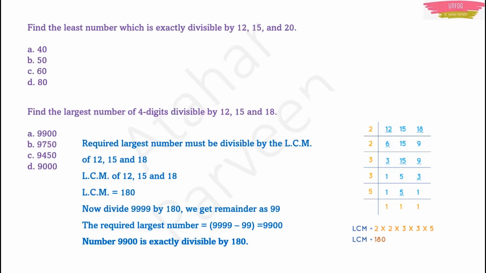That will be 99. Now your required largest number will be 9,999 minus the remainder 99. Okay. So your right answer will be 9,900. Option A should be the right answer. So you can practice this type of sums. This time I am expecting this type of a question only. So this time they may ask this type of a question. Okay.